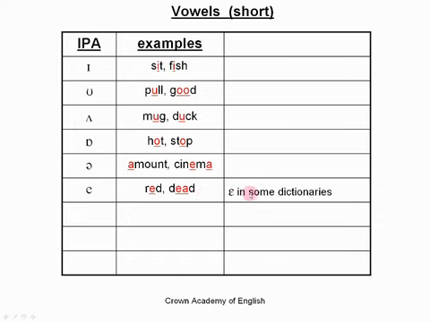And in some dictionaries, this symbol is like this. It's a slightly different sound, but some dictionaries use this symbol. A, cat, fat. And this is an American English sound.